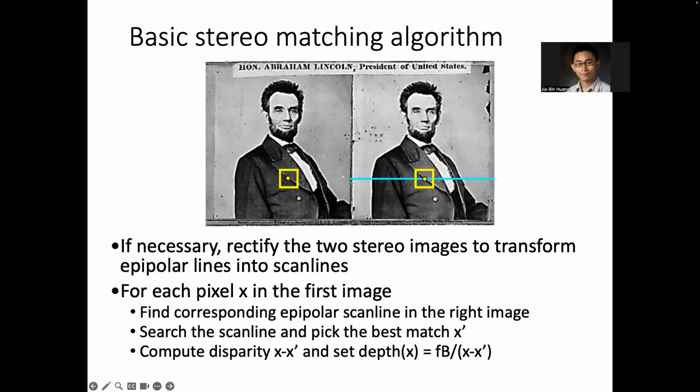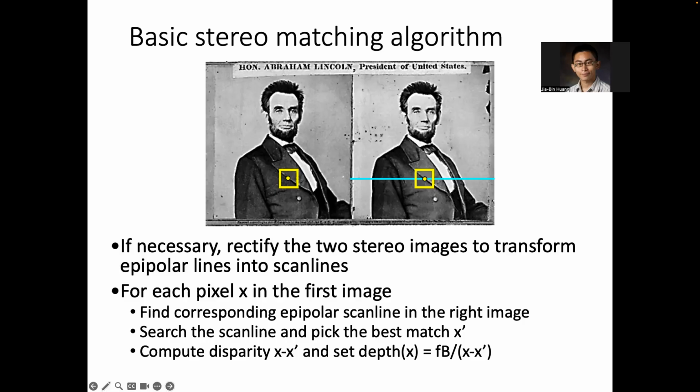But here, I don't need two for loops to scan all the possible locations. Like in the previous case, when we found the template patch, we needed to check all the locations. But here, because of the stereo constraint, we only need to search along one scan line, basically just one for loop. Can you think about how we can measure the similarity? Basically, two patches come in, and it gives me a score.